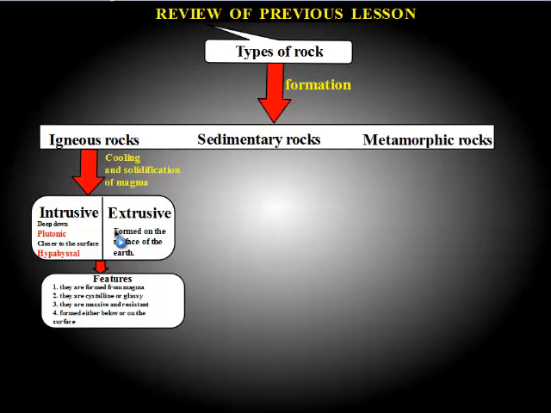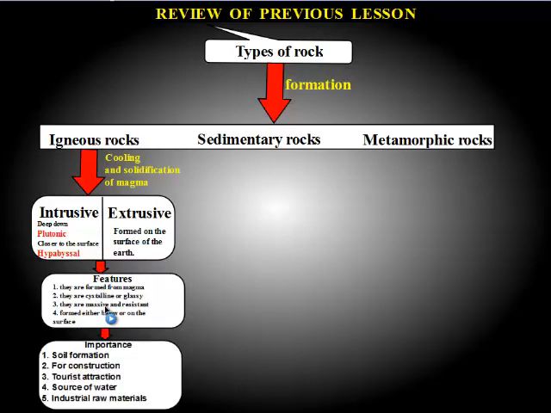Igneous rocks are crystalline or glassy in nature. They are massive and very resistant, for they are formed either below or beneath the earth or on the surface of the earth. So these are some of the features of igneous rocks.